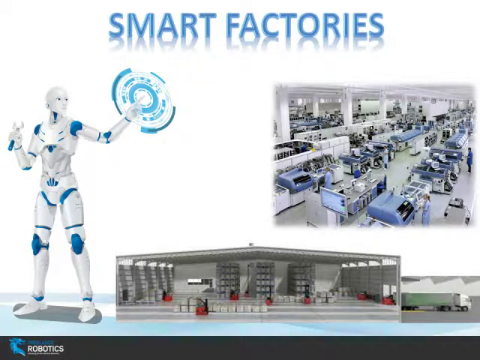So to resume, it's about automatizing the whole process from the web, for instance, where you could order a pair of shoes from Nike, which has developed this type of smart factory.